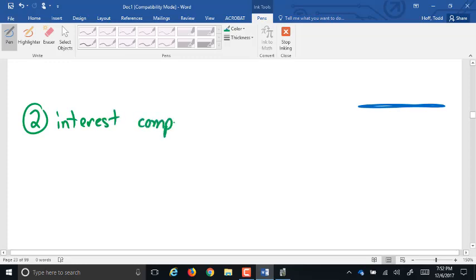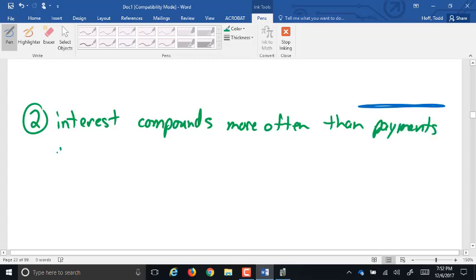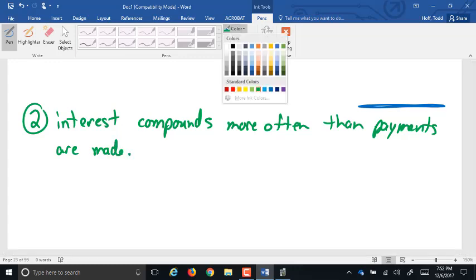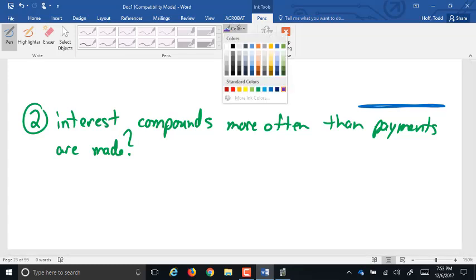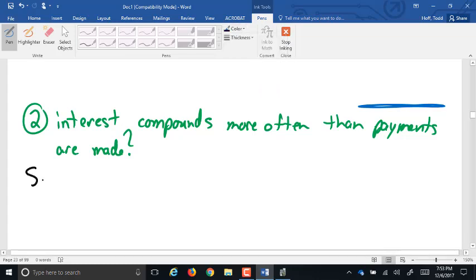Interest compounds more often than payments are made. So let's see, we're going to pick on Sam again.